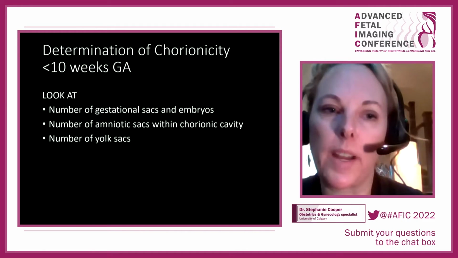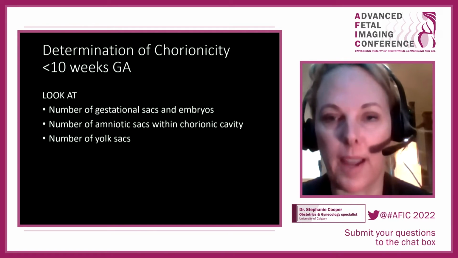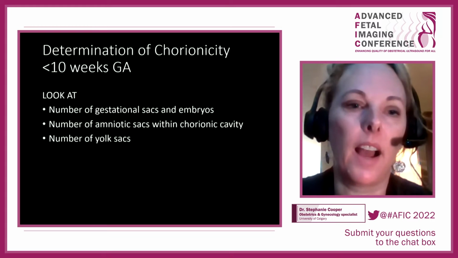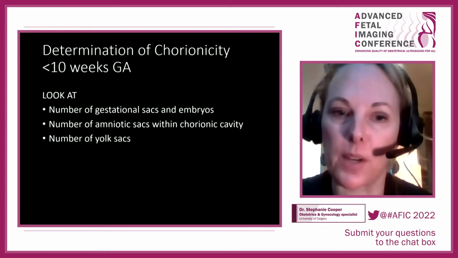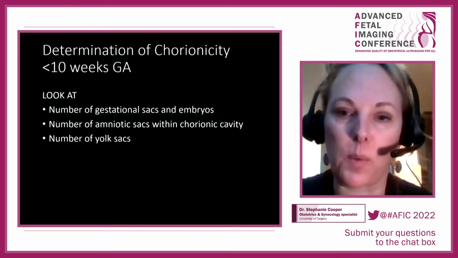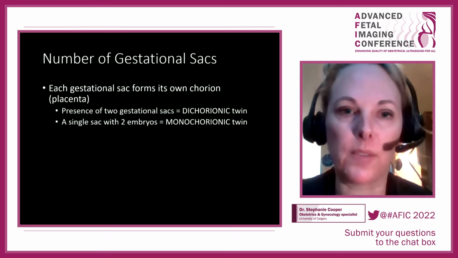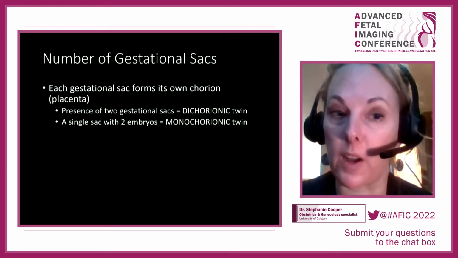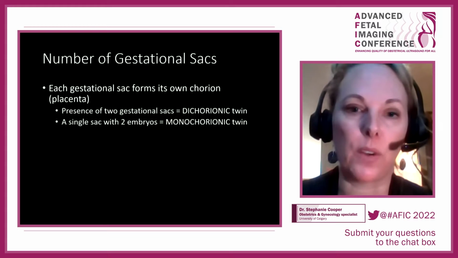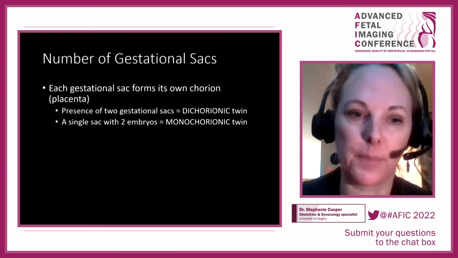But if we look at chorionicity, which means what the placenta is, as well as amnionicity, we want to look at the number of gestational sacs and embryos, the number of amniotic sacs within the chorionic cavity, and also the number of yolk sacs. Each gestational sac forms its own chorion, which becomes a placenta. So if you've got 2 gestational sacs, that's going to be a dichorionic twin pregnancy.